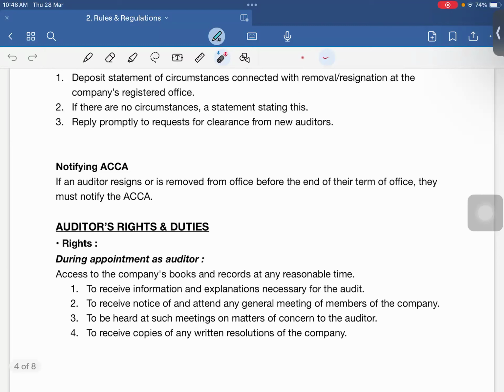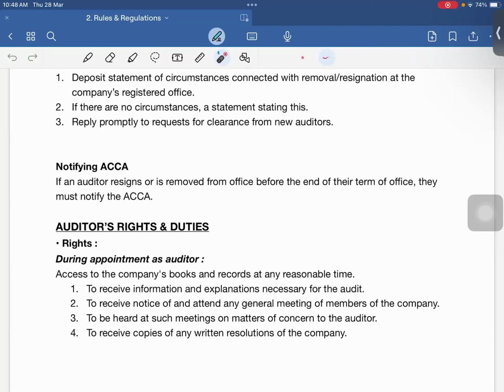Now, the auditor's rights and duties. It is on the point of view of auditors. So, first of all, rights. As being appointed as an auditor, he has some rights and he has some duties towards the organization. First, we are going to discuss the rights. The first right is that, see, auditor, why is the auditor coming to the organization? In order to look towards all of its financial statement elements, right?